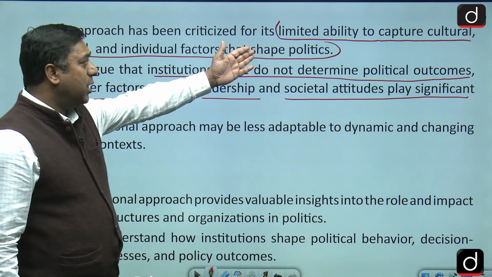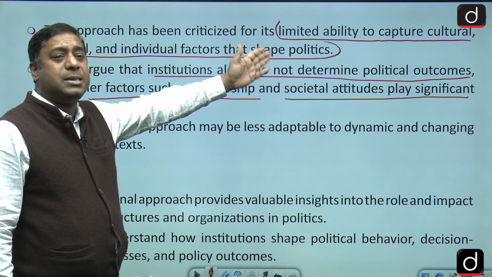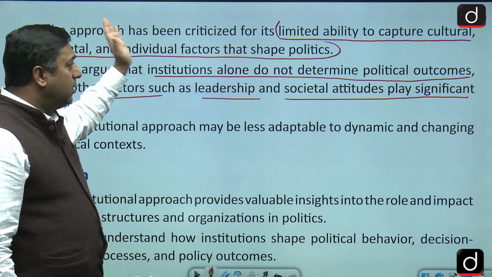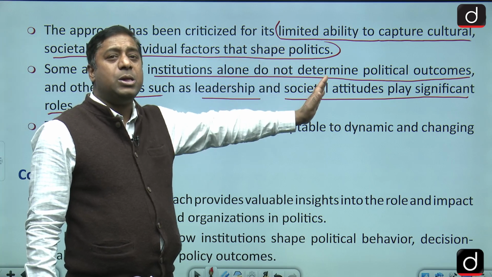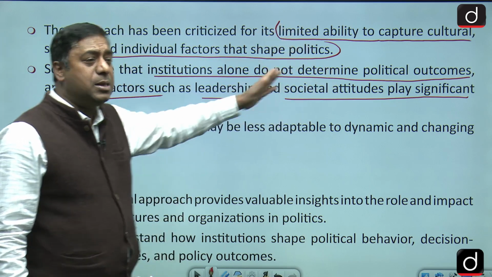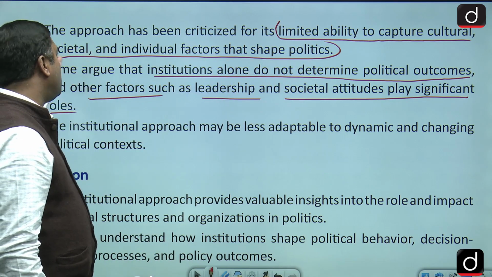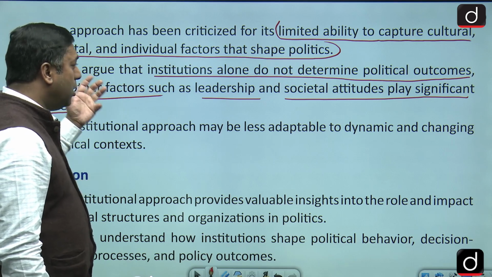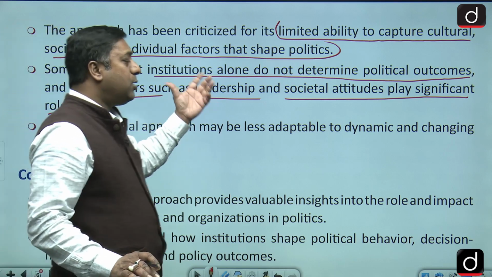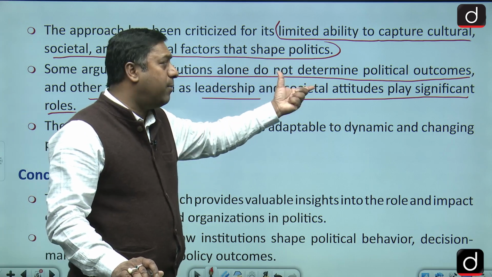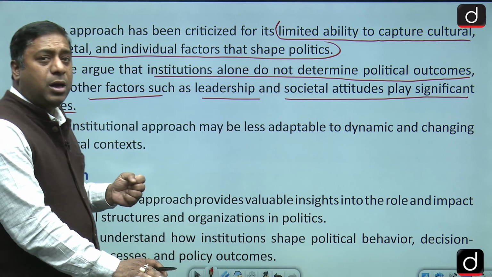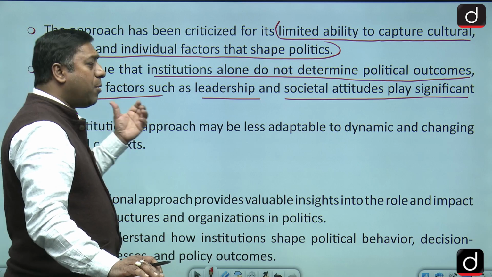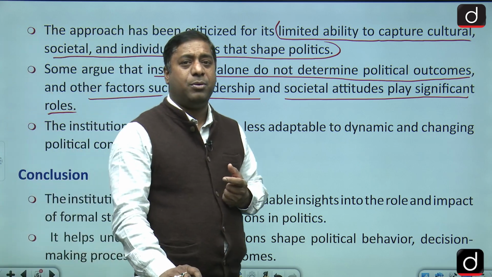Like in the previous point, I said that only the institution side is there. What about the cultural factors? What about the individual and societal factors? They are not taken. So here also they say that institutions alone cannot determine political outcomes. What about other factors like leadership?